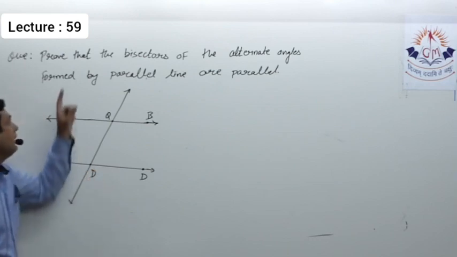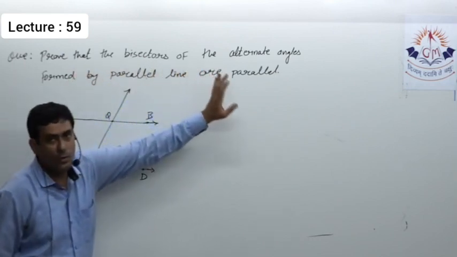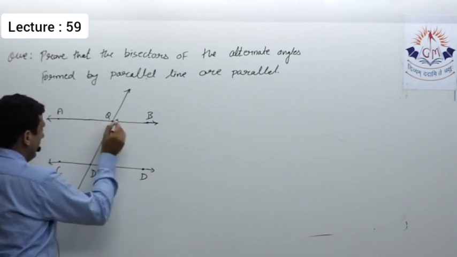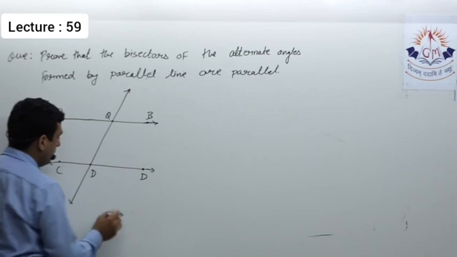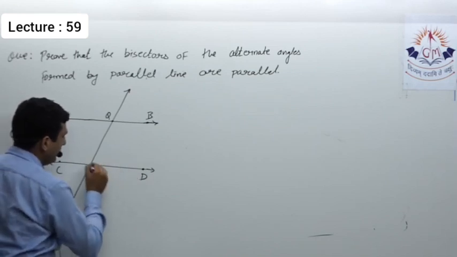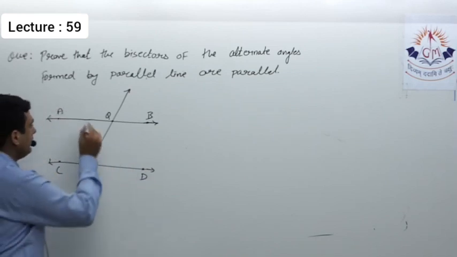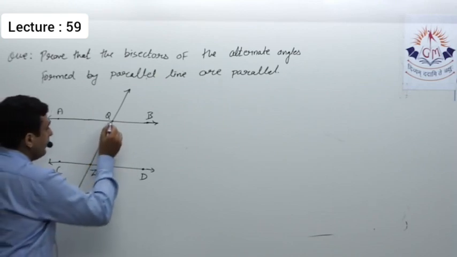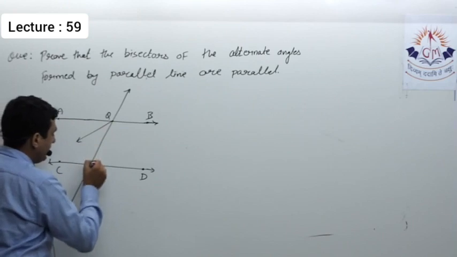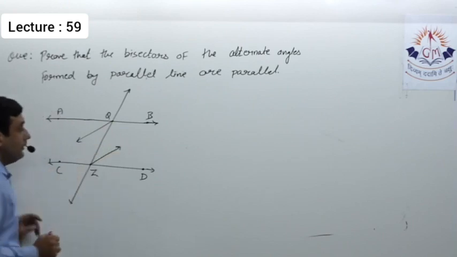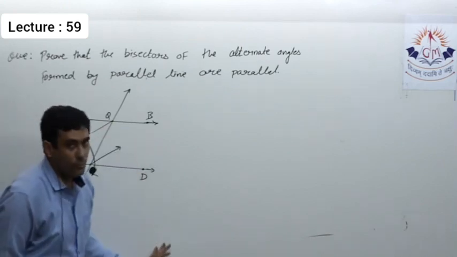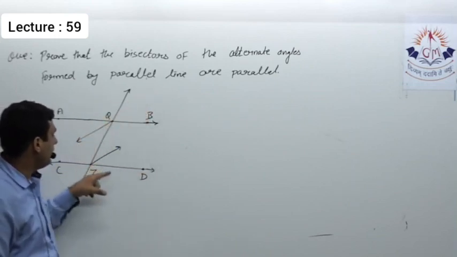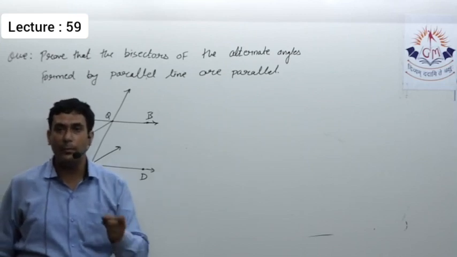Read the question once again: prove that the bisectors of alternate angles. So here the alternate angles are AQZ and QZD, isn't it? We have to prove their bisectors are parallel. These alternate angles AQZ and QZD are formed with the help of parallel lines.